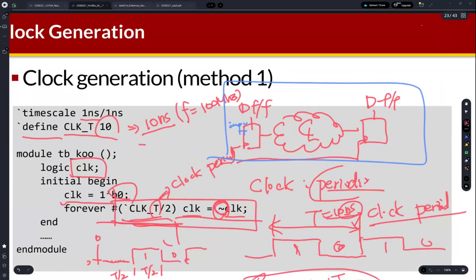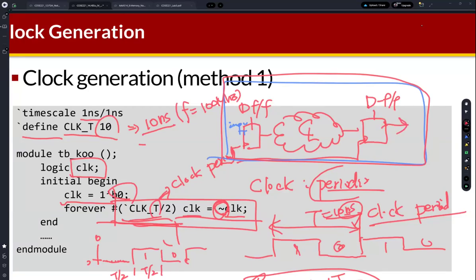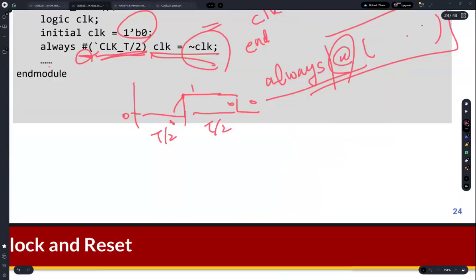So this is the typical digital design. You can find that the output of this design is also sampled by a flip-flop. So what does that mean? The output value is changed every clock edge.